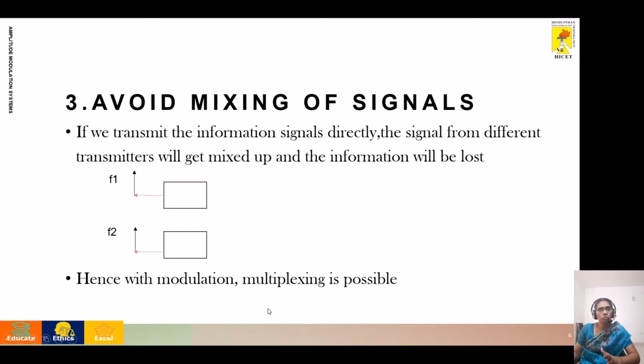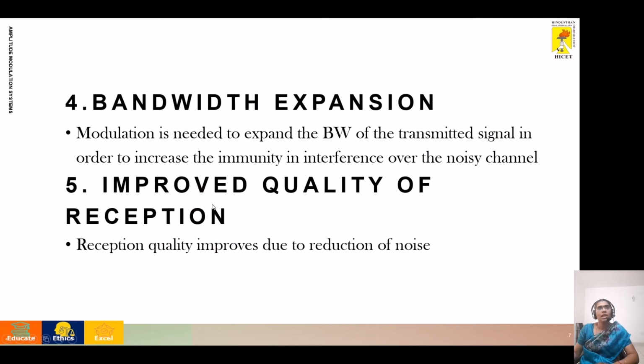So by means of modulation, the mixing of signals can be avoided, bandwidth can be expanded, and the quality of reception is improved, because noise affecting the signal is minimized due to high frequency. When the frequency is high, obviously we are providing immunity.